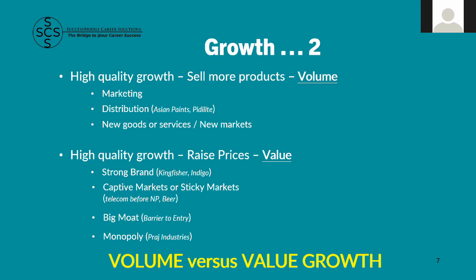The market is not good for you. You may have to reduce the prices because of competition or because of certain adverse market conditions. So then how do you compensate for that? You have to sell more products in order to maintain the same level of growth. So that's the seesaw between volume and value growth.